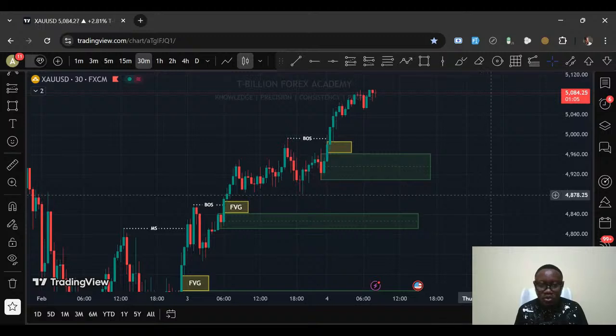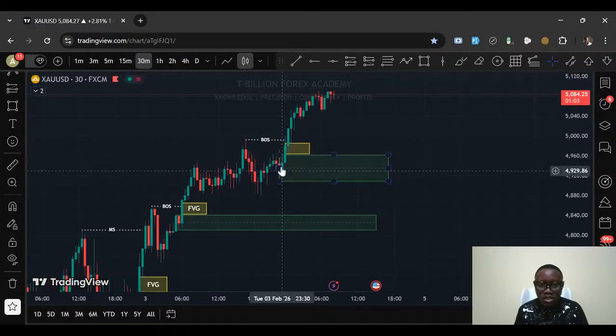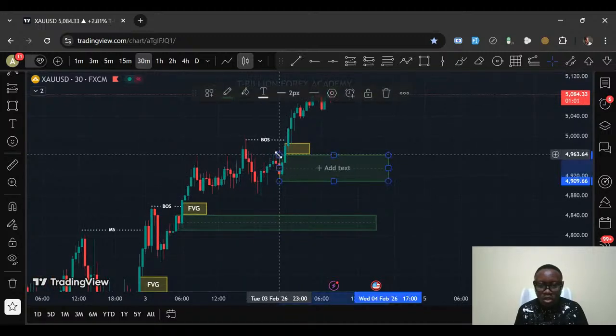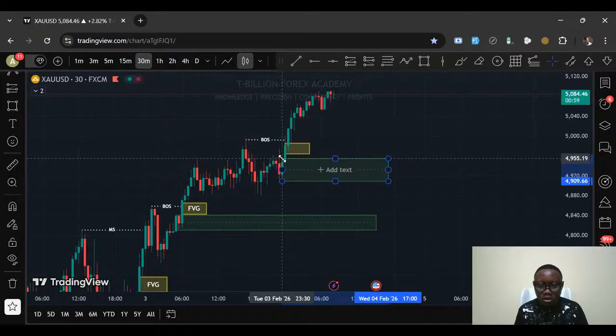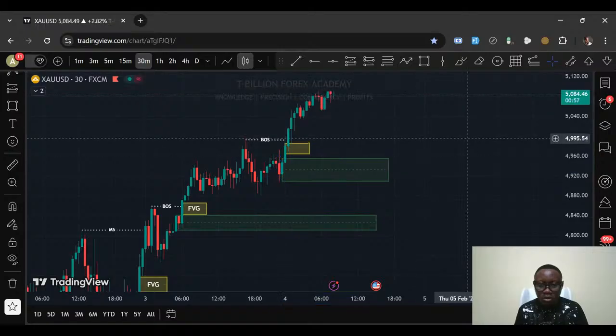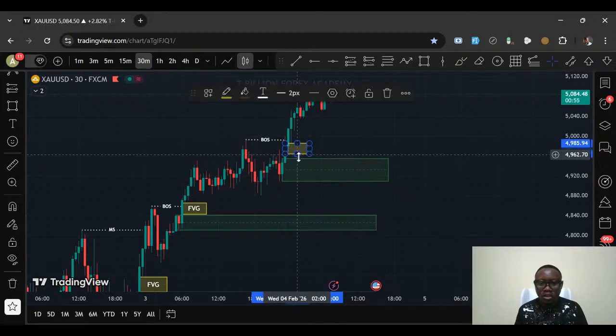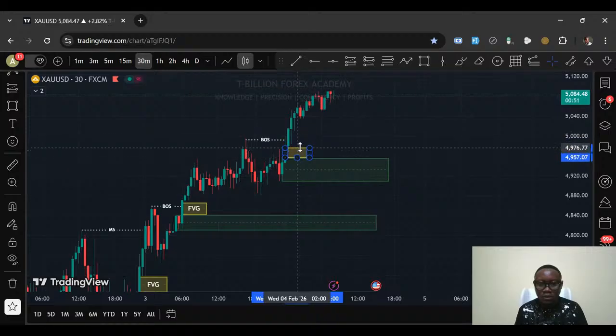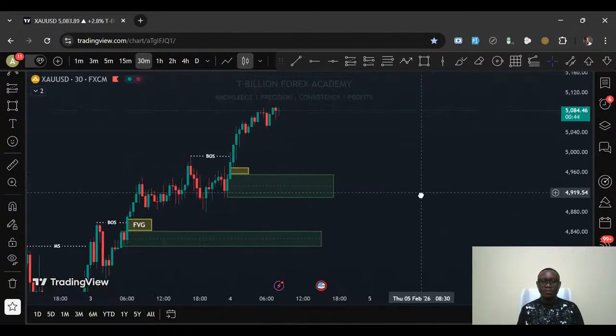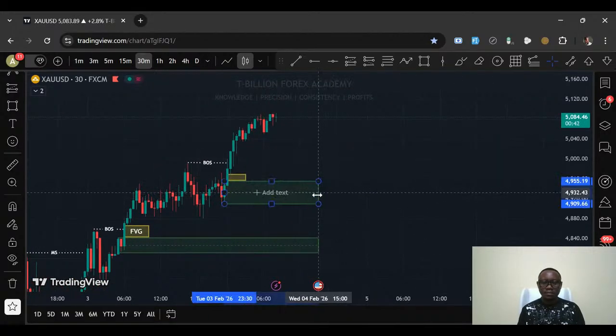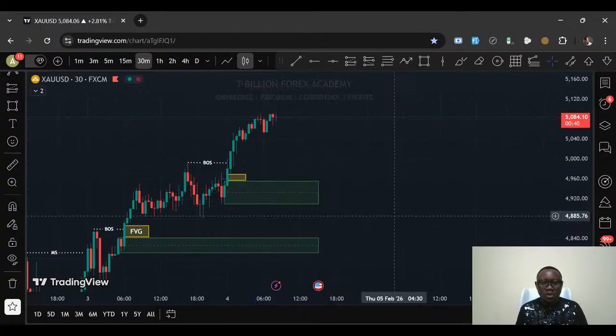And for this zone, we can further refine it to this green candle here. So let's bring it down to this candle. Yes. And our FVG will be this and this. All right.